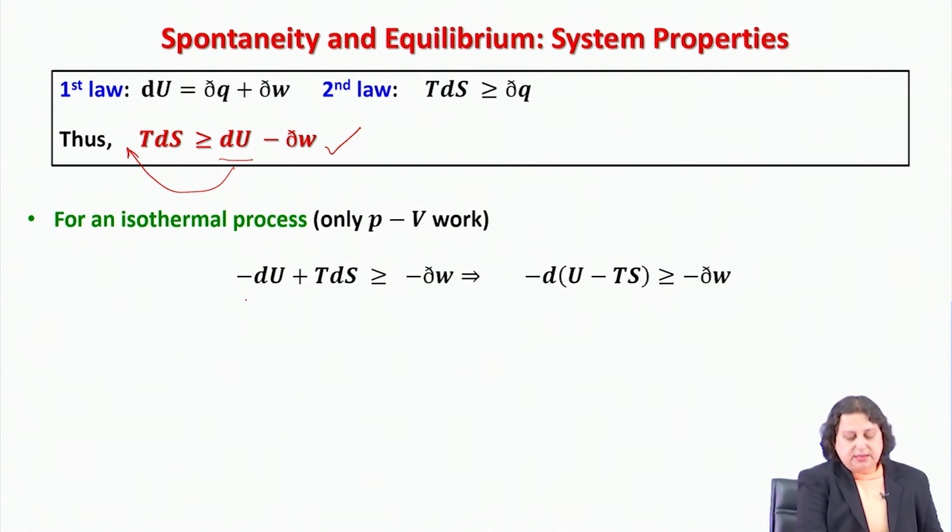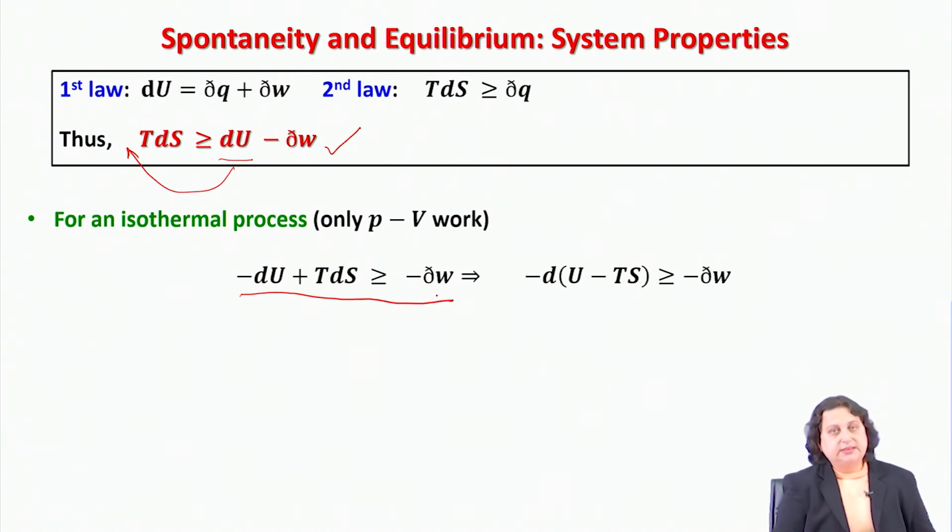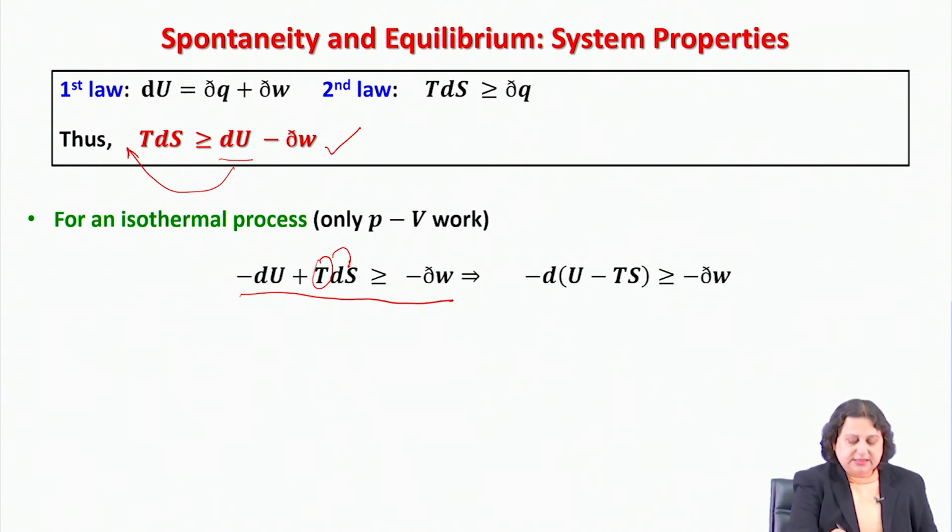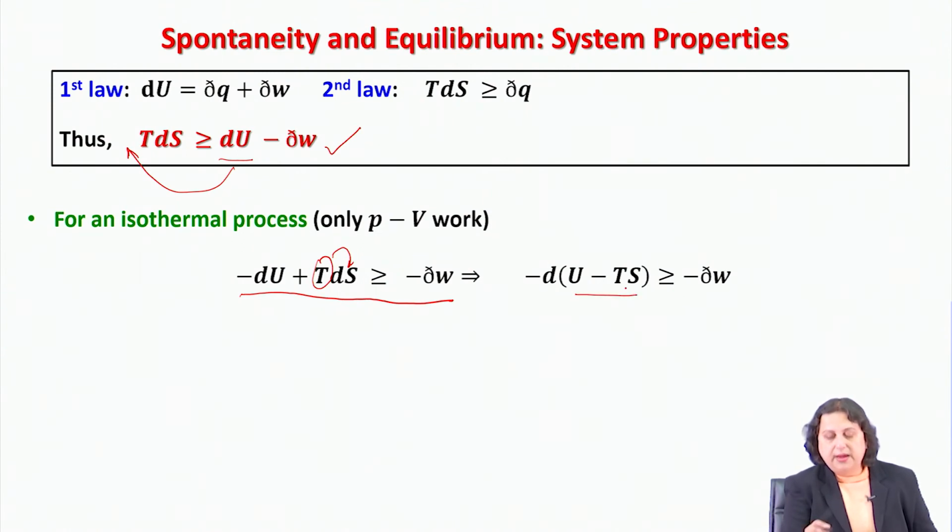So, minus dU plus TdS would be greater than or equal to minus dW. Since I have an isothermal process, I can take the constant temperature inside the differential and rewrite the left-hand side as minus d of (U minus TS), which is greater than or equal to minus dW.